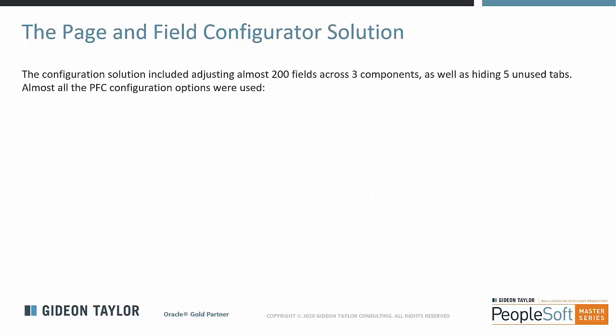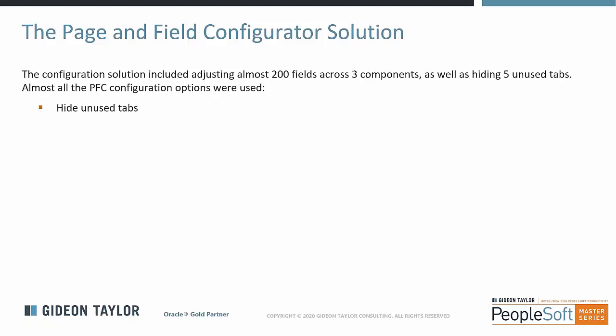So the reason why I considered this a complex solution was because, number one, the volume of adjustments that they wanted to make. So this configuration solution, including adjusting almost 200 fields across 3 different components: course, class, and new class. And it also involved hiding several unused tabs. Almost all of the page and field configuration options were used.